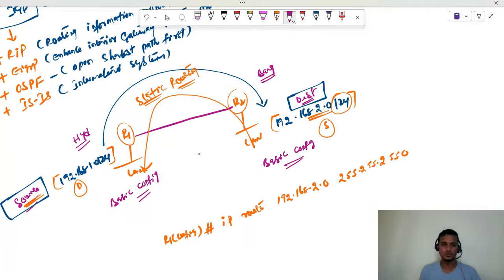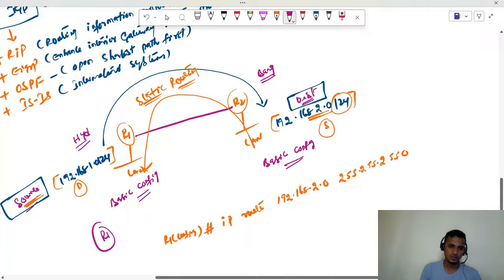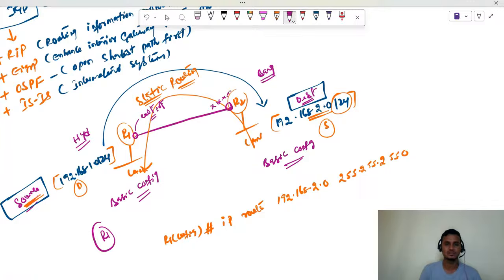Now the thing is going to change, guys. You can use either the exit interface, so you are in router 1, and this interface will become the exit interface. Either you can take this exit interface, or else you can configure the next hop IP address. Whatever IP address you assign here becomes your next hop IP address.